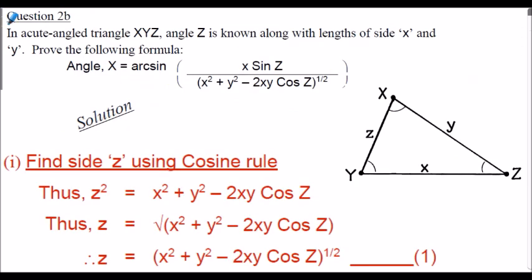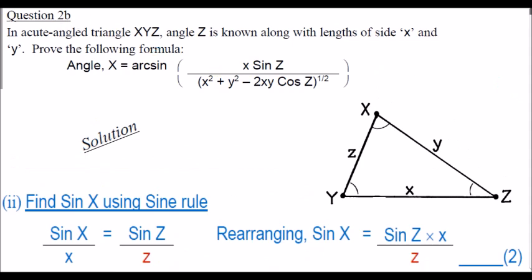So question 2b, commencement of the solution. Step 1, initially find side z using the cosine rule. This produces equation 1. Question 2b, solution continued. Second step, find sine x using the sine rule.